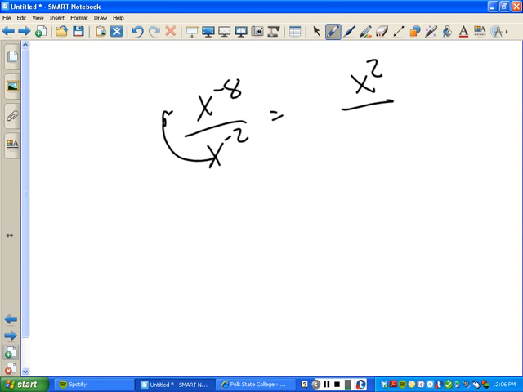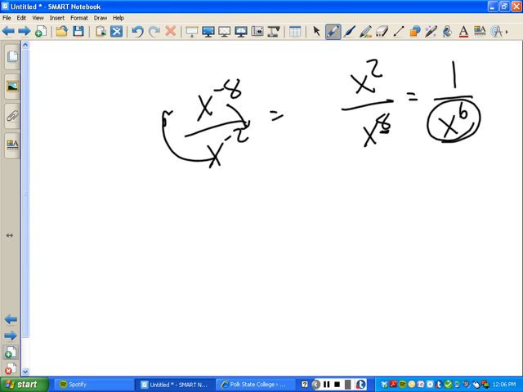The x to the negative 8 goes down, so that's x to the 8th. Now we're going to subtract, and I'm going to get 1 over x to the 6th. Remember that we ultimately want to subtract and leave the answer where the biggest exponent is. Very important to hear that. I want the answer to be where the biggest exponent is.